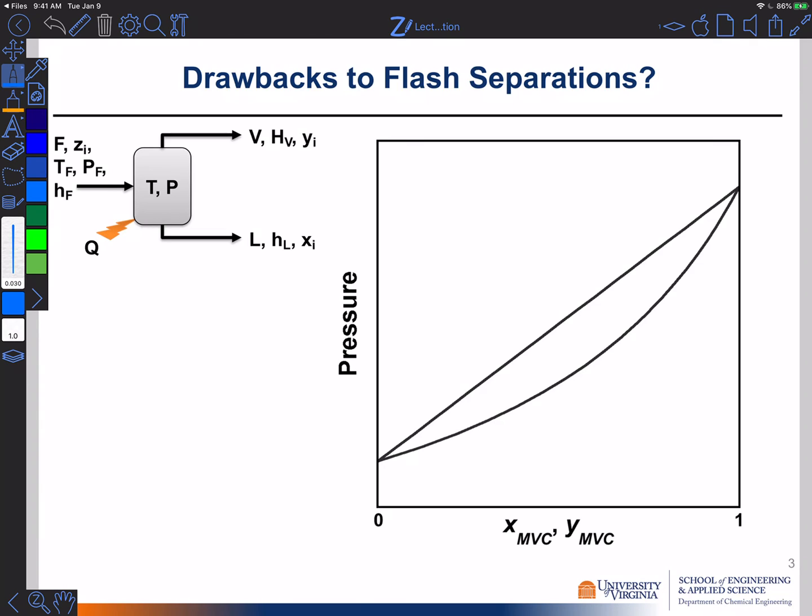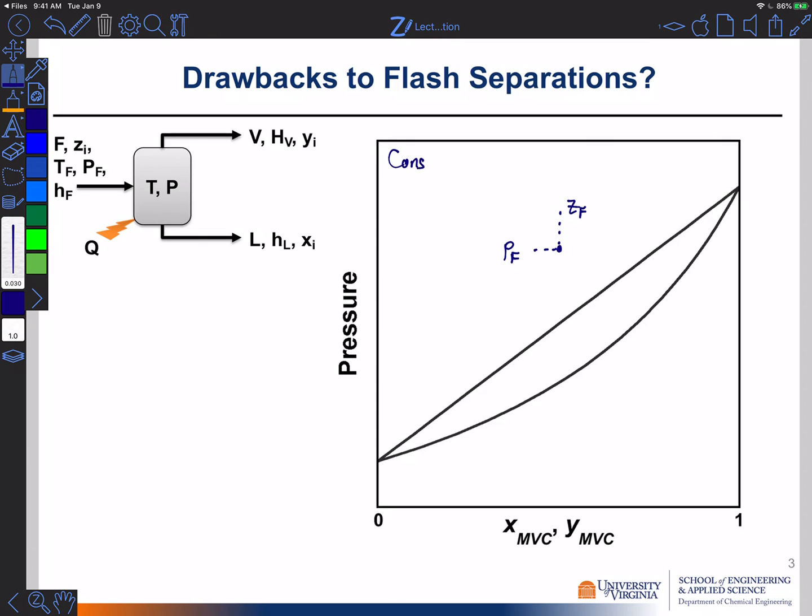So again, last time we talked about flash separations. This was the idea where we have some sort of a feed, we put it into a drum, we drop the pressure, and we have a situation where we get some sort of a flash that takes place and we get some separation, right? And so we talked about this in terms of saying, perhaps we have some sort of a feed that's described by some feed composition and some feed pressure.